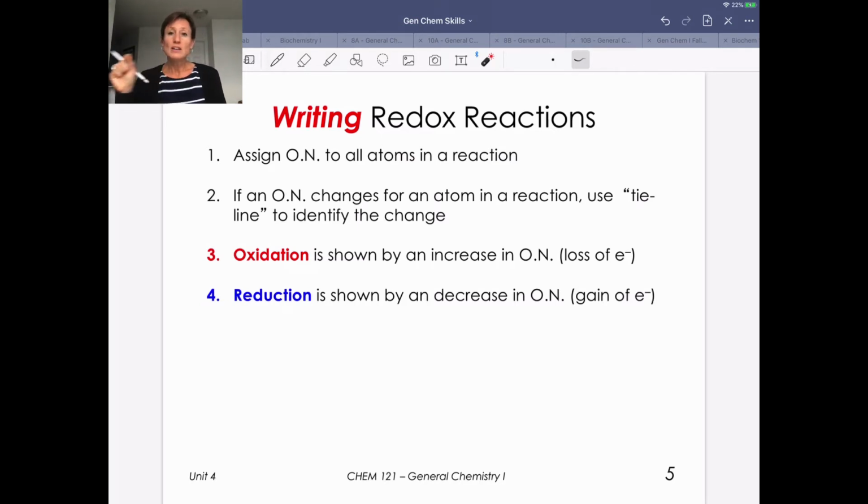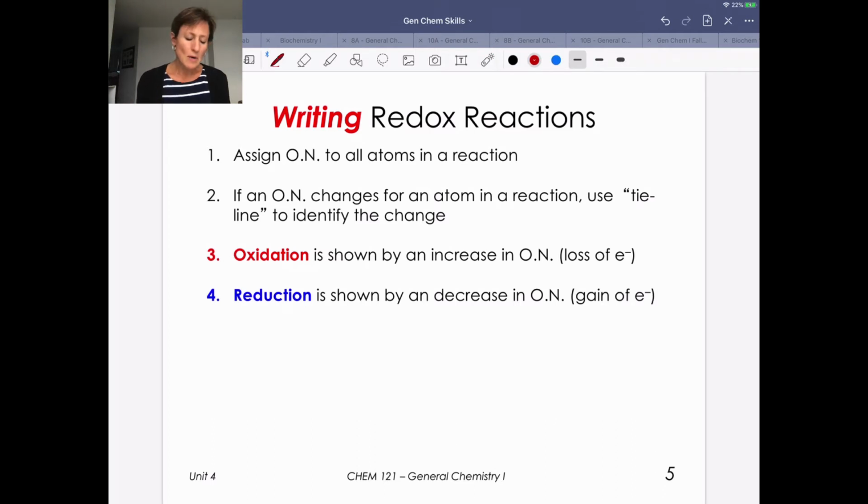We're going to use tie lines to identify changes in oxidation number. Then we're going to use those changes to identify oxidation steps, where we have an increase in oxidation number because we've lost electrons, or a reduction step, where we have a decrease in oxidation number because we've gained electrons.